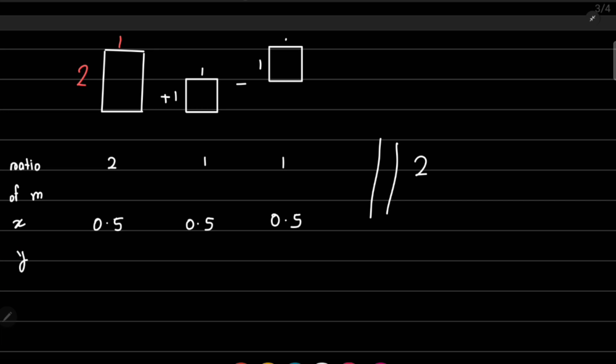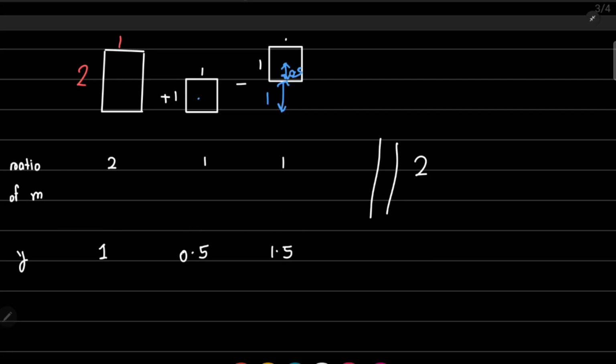For the y coordinate, initially for the larger shape it is 1. For this second one it's 0.5. For the third one, this is already 1 and this is 0.5, so this is 1.5.